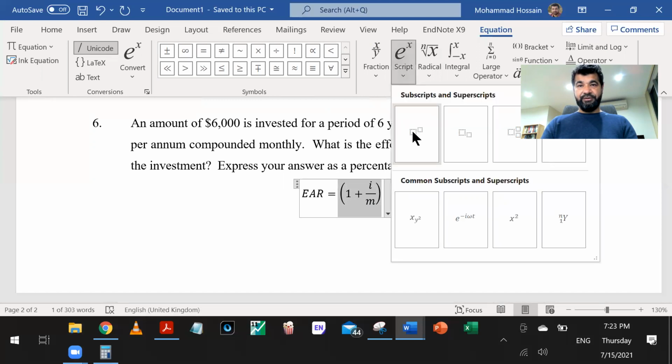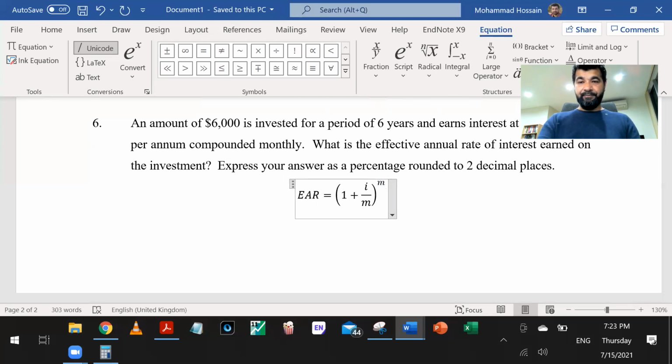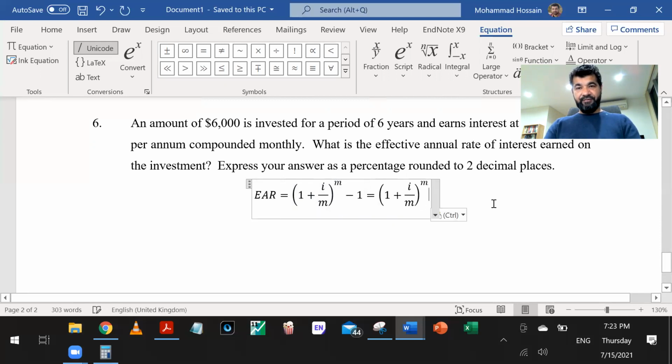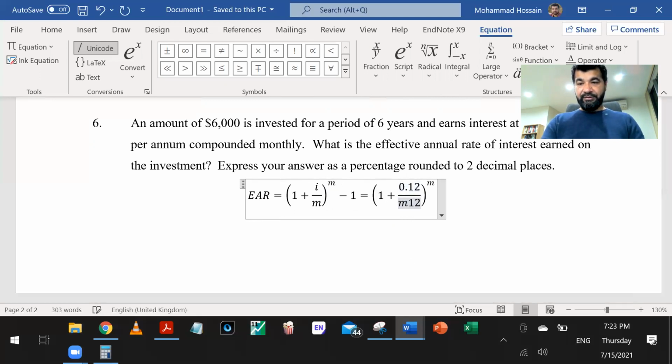Brackets to the power of m, minus 1. So what will be the answer? Yeah, it's 12%, so it's going to be 0.12, and m is equal to 12.